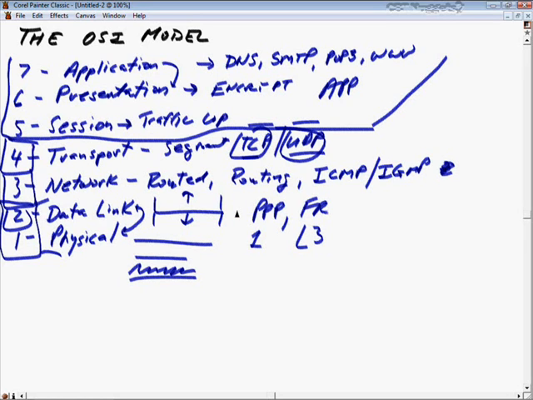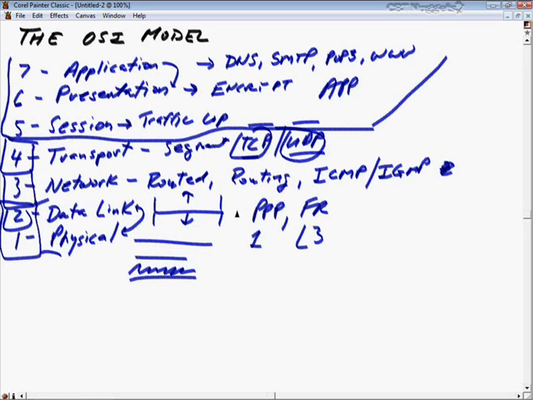So even though we're not really using the OSI model to develop networking systems anymore, it is important that when you hear terms like layer 2, layer 3, and layer 4, you know what we're talking about in the OSI model. For example, if somebody says a layer 3 switch, that should tell you it is a switch that typically works at data link layer 2 but has layer 3 functionality in it.